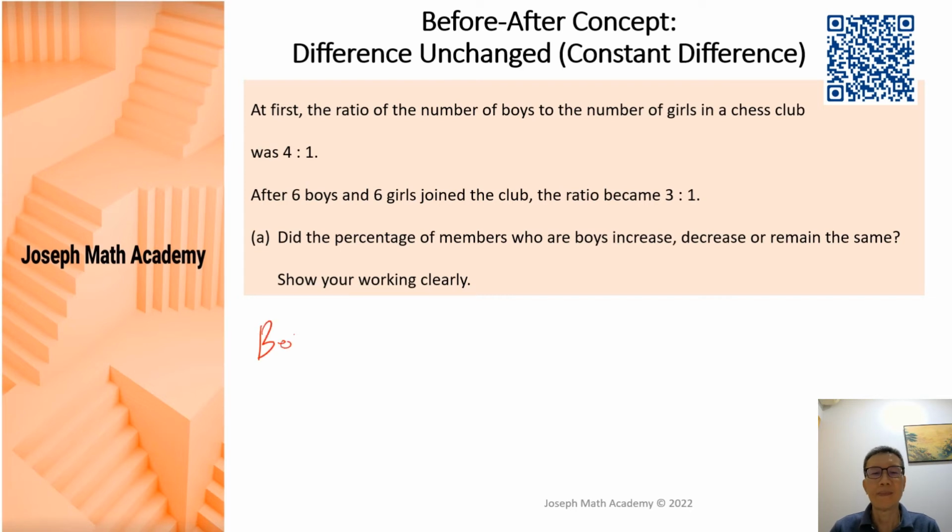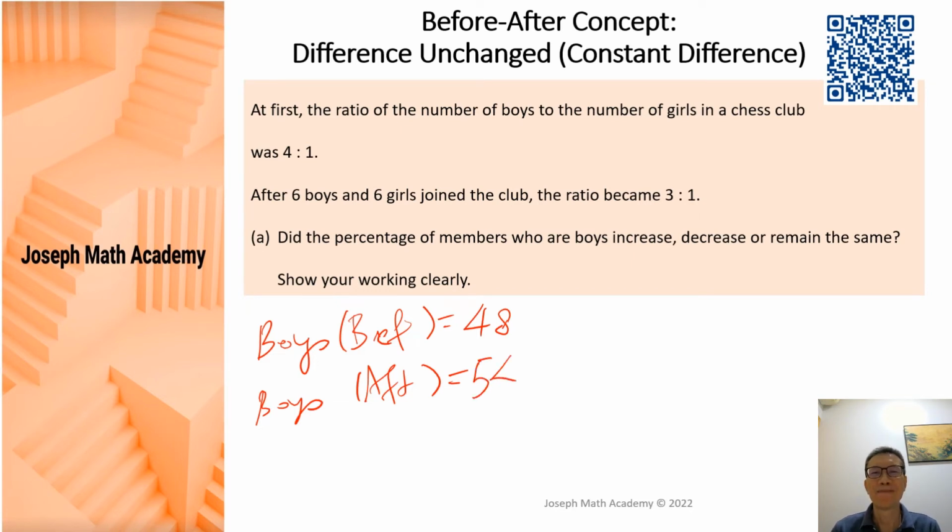Boys before and boys after. We have 48 boys before in the club, and when 6 boys joined the club, it became 54. Alright, so we have these two pieces of information.